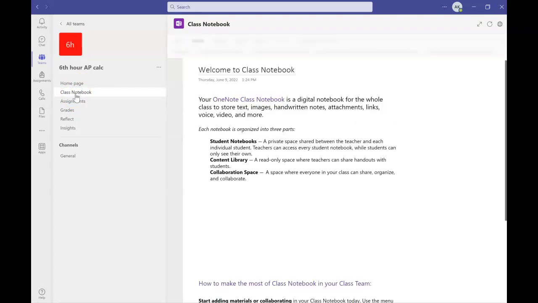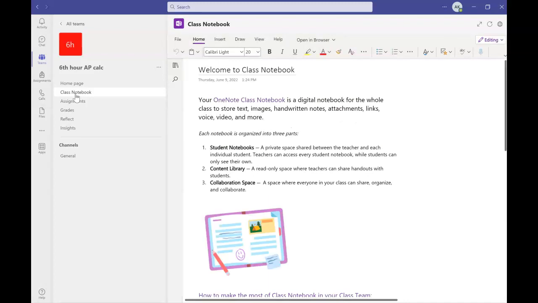That'll get the OneNote to populate here in Teams. Once it's done that, in the drop down that says Open in Browser, pick Open in Desktop App. That should load in and link your OneNote to the shared OneNote that I created for you prior to the start of class, and you should be all set.